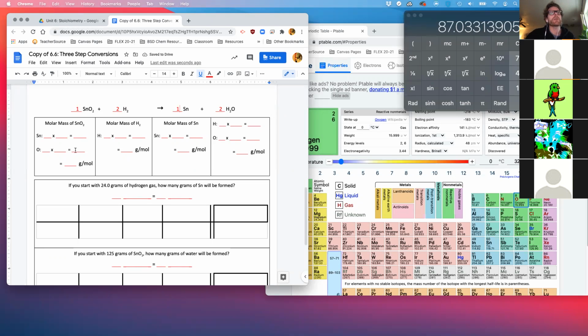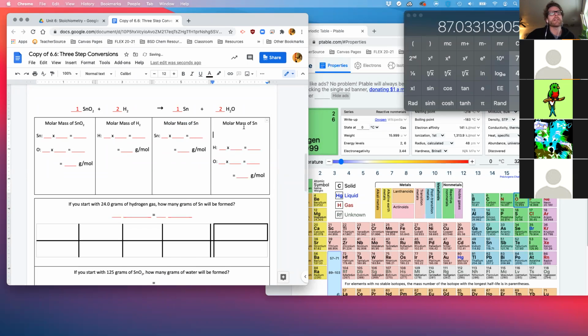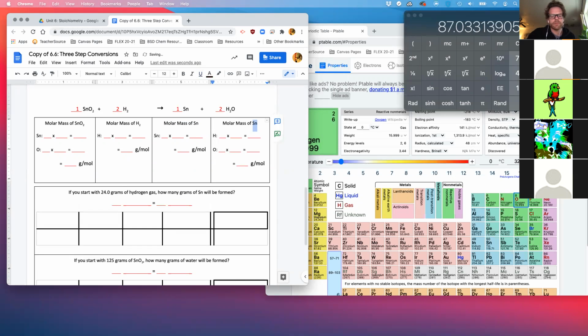The next thing I'm gonna do is find out the molar masses of each of these. Sometimes it's not necessary to do all of them, but again, this will help us move a little bit faster later on. Okay, this last one is water, by the way.